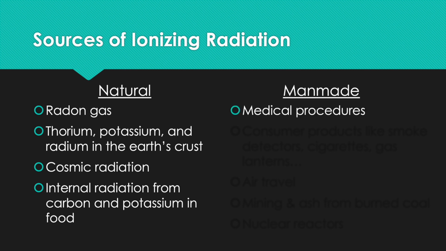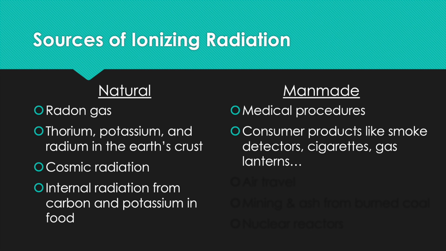Man-made sources of ionizing radiation include certain medical procedures, like anytime you need to get an X-ray. Certain consumer products, smoke detectors, have radioactive americium in them as part of what makes them work. Cigarettes and gas lanterns, like a Coleman lantern. Air travel can expose you to more radiation because the higher you are up in the atmosphere, the less cosmic radiation is blocked by the atmosphere.